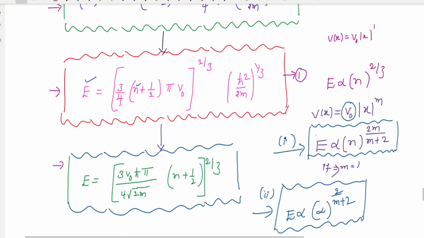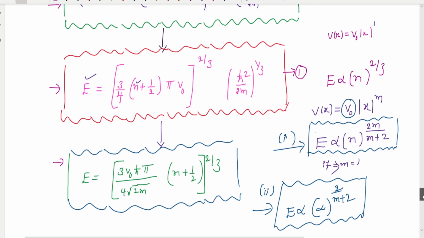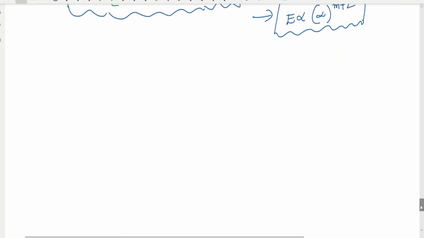Okay, then this is the first formula. So if energy depends upon n, this is the first shortcut. If energy depends upon some other factors, the formula is 2 divided by. The first problem we are going to solve here.